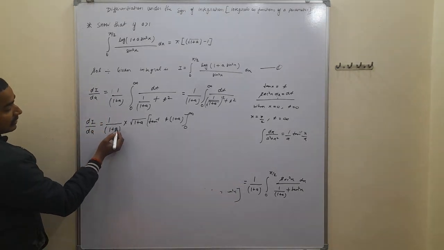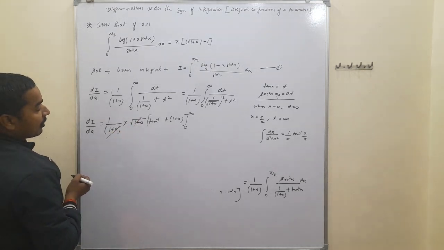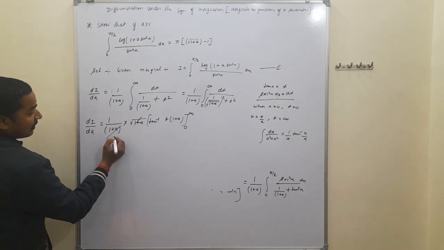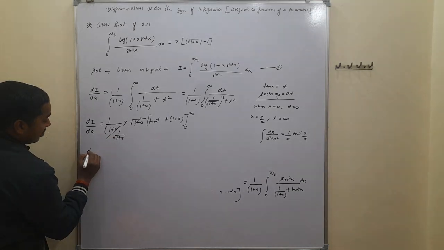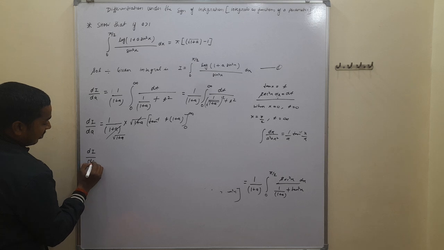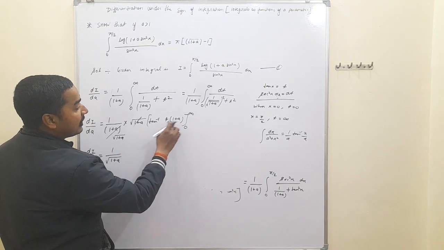From here, 1 plus a and under root 1 plus a cancel out, and the remaining is under root of 1 plus a. That is dI upon dA is equal to 1 upon under root of 1 plus a, and here we have to put infinity in place of t.